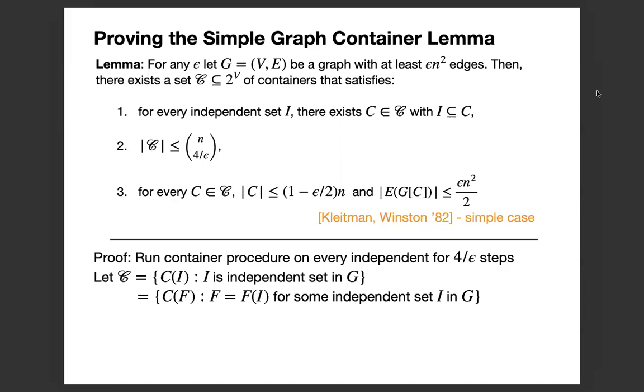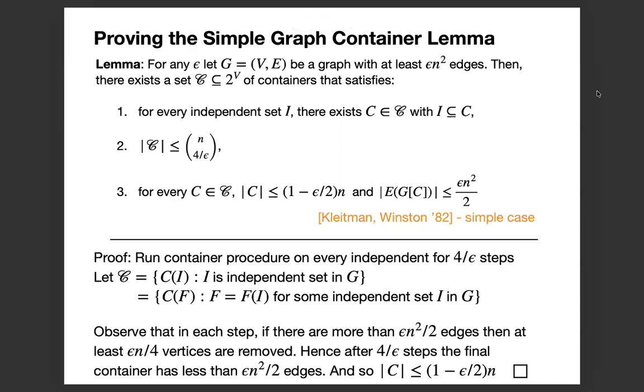If we're running the procedure for only 4 over epsilon steps, then the fingerprints are only of size 4 over epsilon. So even though we constructed this by running it on all the independent sets, it's exactly the same as running it on all the fingerprints. And there are only n choose 4 over epsilon possible sets of fingerprints. So that's where the collection is coming from.